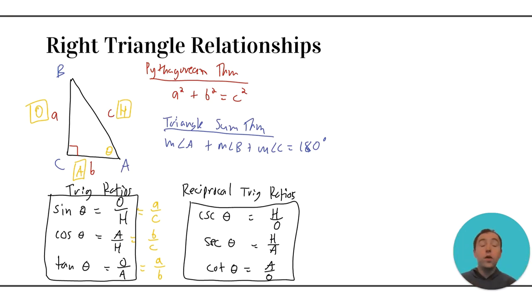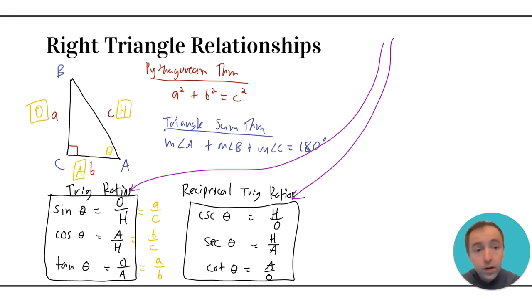So those six ratios are foundational ratios that we use to be able to relate side lengths and angle measures in different right triangles. Okay? One thing that I just want to draw to your attention about what's happening in all of these ratios is whenever you take one of those functions, like sine, for example, you're really inputting a variable into that.